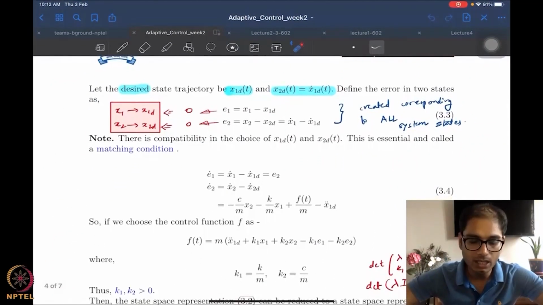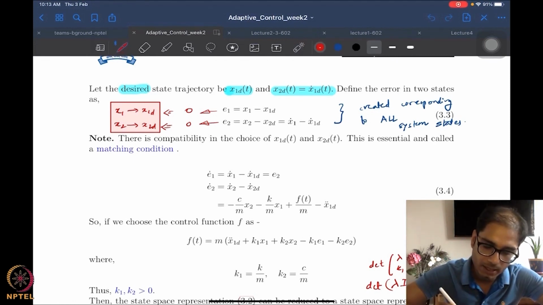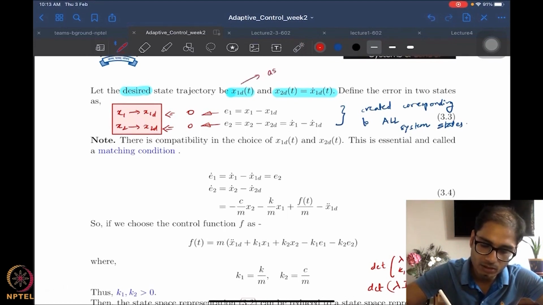After that, we constructed these error variables, right? So the aim in most of what we do is to drive systems towards some optimal or some nicely behaved trajectories which are predefined in some sense. Okay. One of the things I forgot to mention is that typically these trajectories are assumed to be C infinity, that is infinitely continuously differentiable.